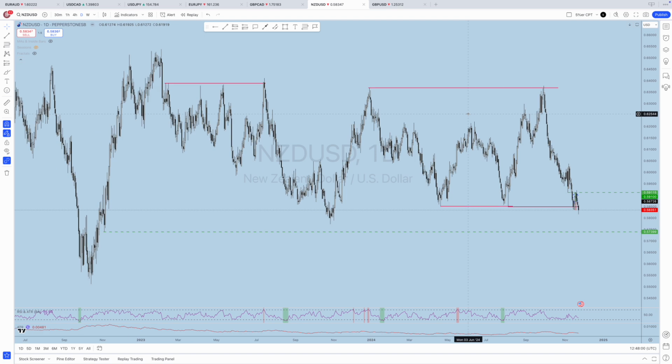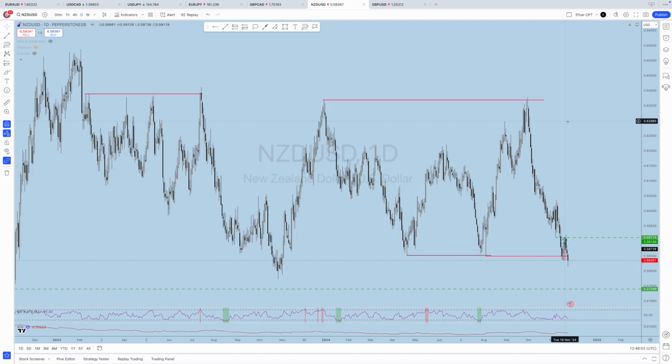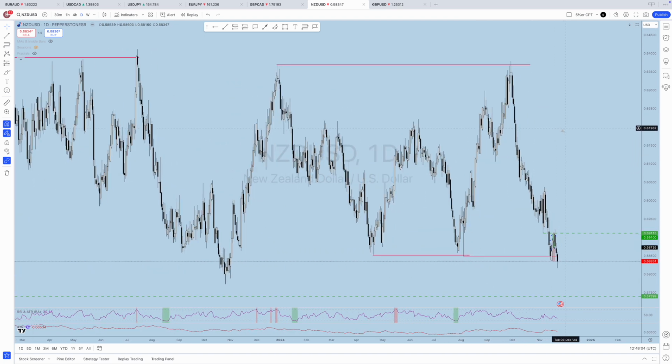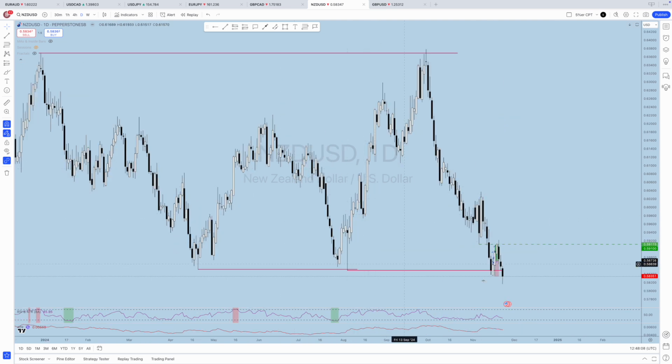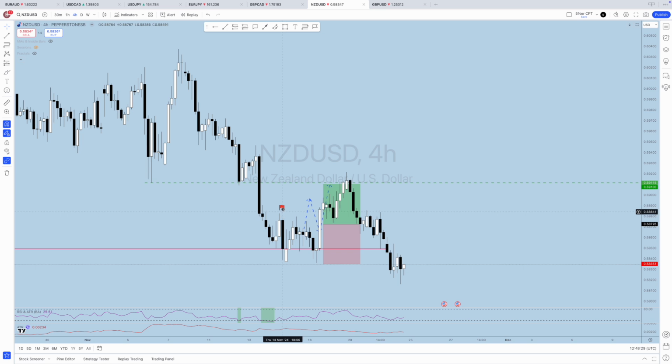New Zealand USD was the other setup. This one was quite frustrating for me and you'll see why. So I was looking for a long from this level. You can see it was faked out and price started moving up. This candle broke the structure. So I set up my orders and quite frustratingly price went down within probably half a pip or 1 pip from my order.